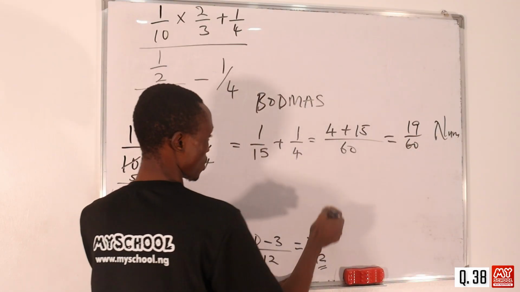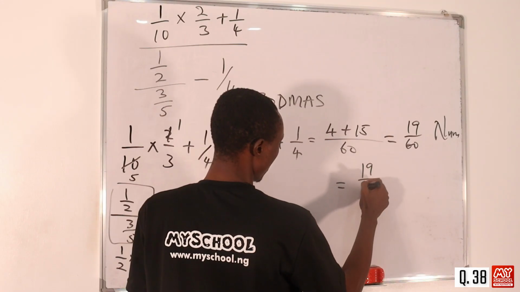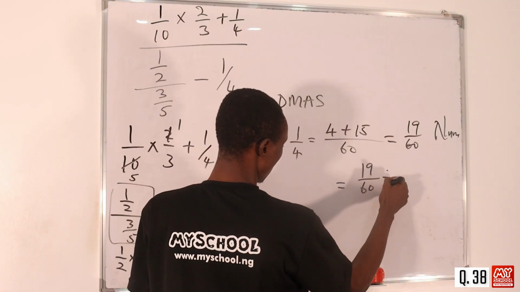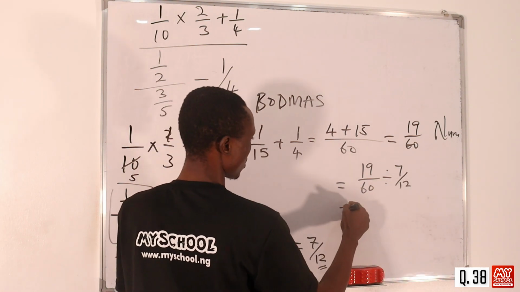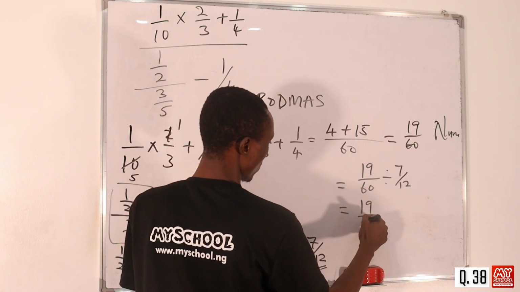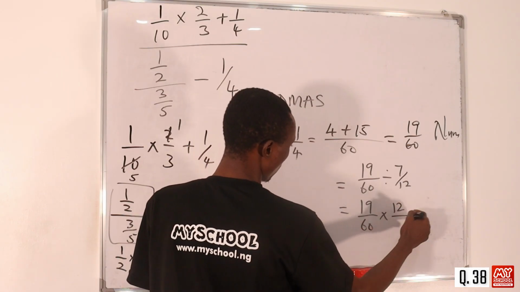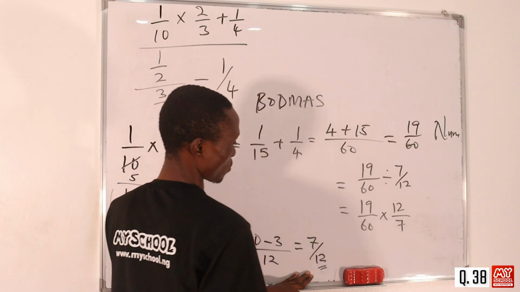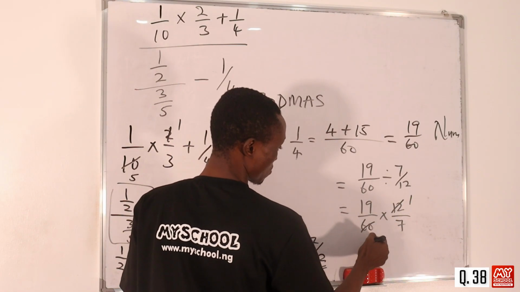So let's bring it together. If we bring it together, we'll have 19 over 60 divided by 7 over 12. Okay, so we can invert this. So we have 19 over 60 times 12 over 7. Okay, so 12 here is 1, 60 here is 5.